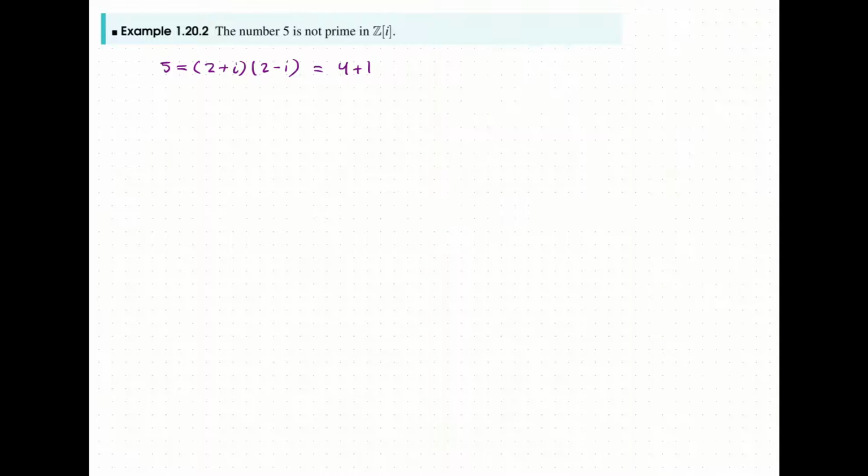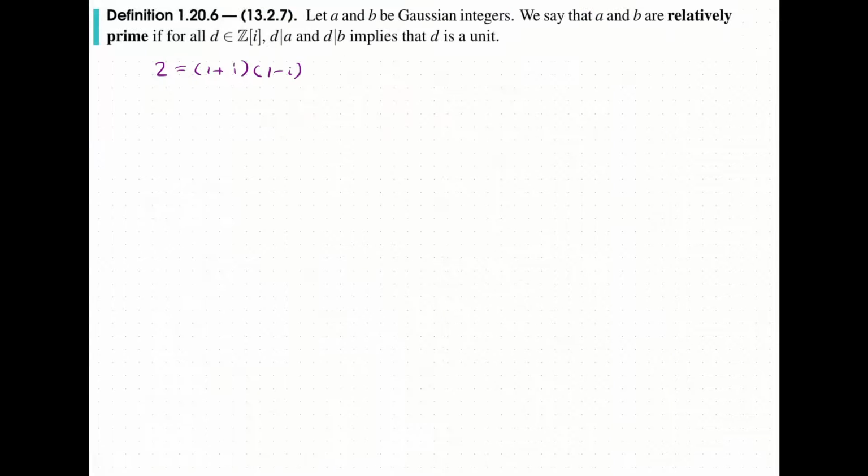And so we could ask, are these quantities relatively prime? This goes back to that example with 5 and -5. They are not relatively prime since their GCD would be 5. 3 and -3, they are not distinct because their GCD would be 3. And so we could ask, are 1 plus i and 1 minus i relatively prime?